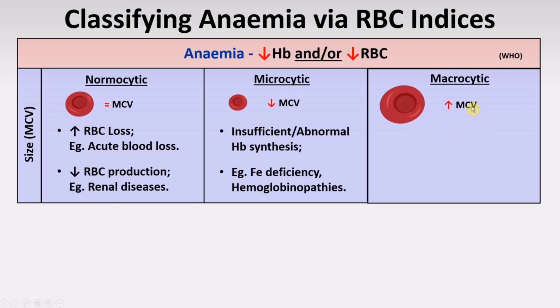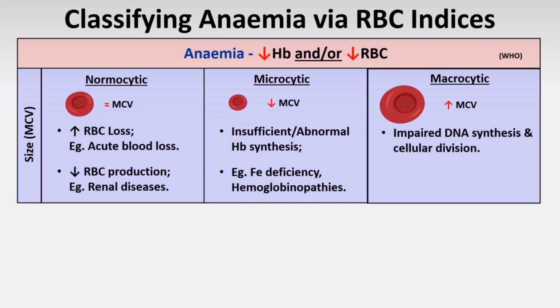what could potentially cause this to happen? Now, one of the most common causes of macrocytic anemia is when there's impaired DNA synthesis, or something that hampers the division of the red blood cells during erythropoiesis itself, right? So how this works is that we know that during the division of the erythroblasts, the pro-erythroblasts, you will need a lot of DNA synthesis to occur in the cells, as you can recall from the erythropoiesis process.